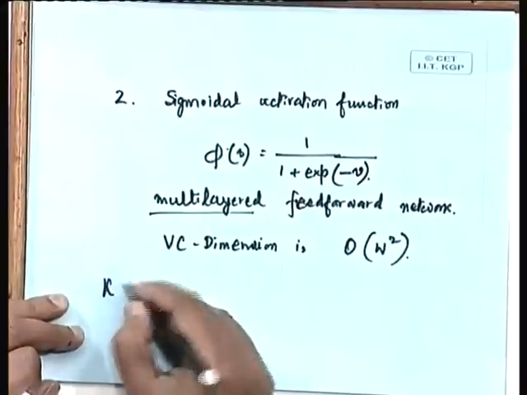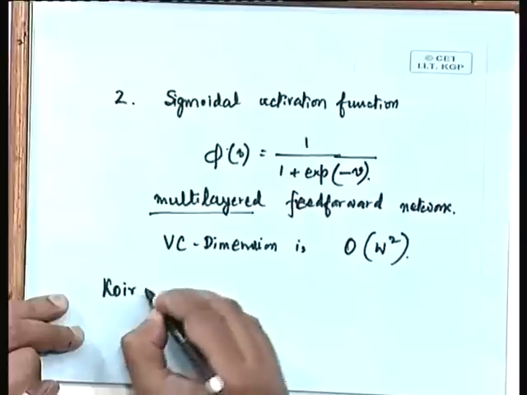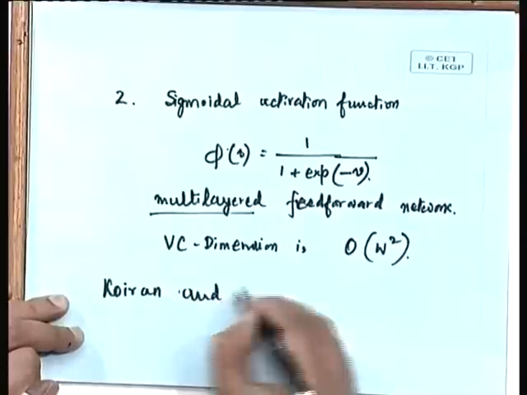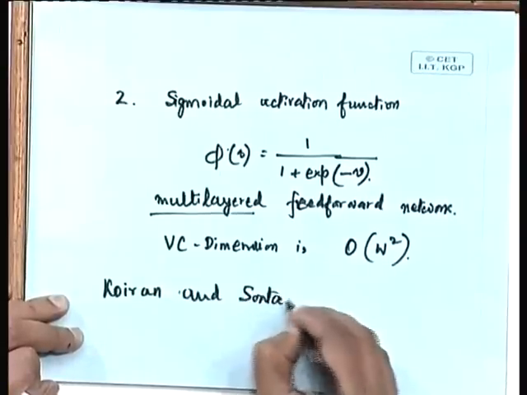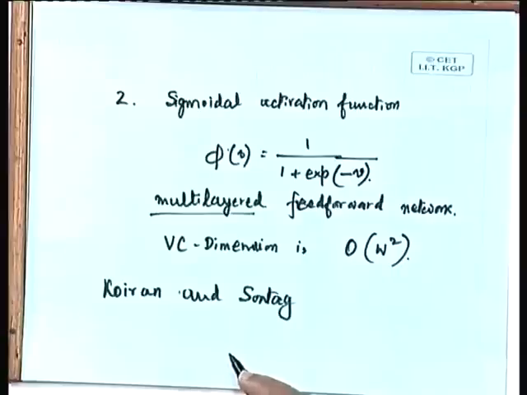Now, another interesting aspect that must be thought of: this result for the sigmoidal activation function was pointed out by Koiran and Sontag. In fact, all these theories are quite recent.